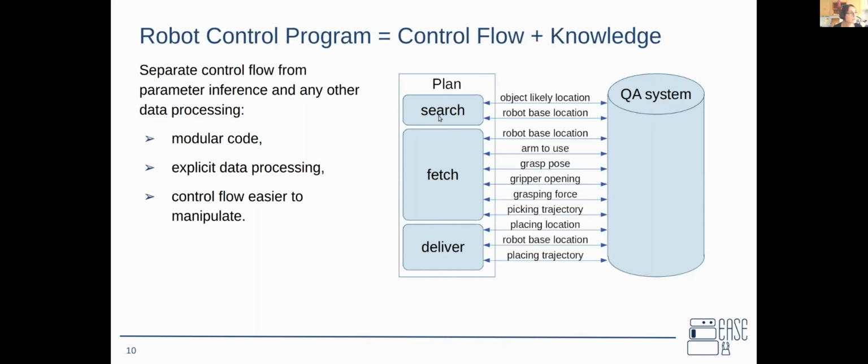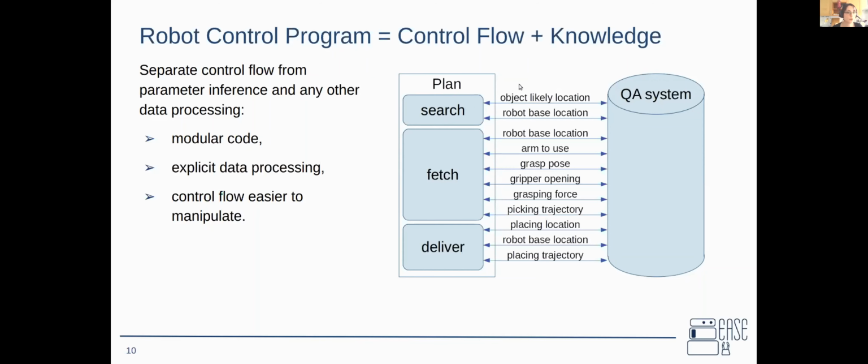And as a result, we get kind of modular code. The plan and the knowledge processing are separated. And this data processing is very explicit in the plan. So if you subscribe to this communication, you get a very good insight into the decision-making processes of your robot.